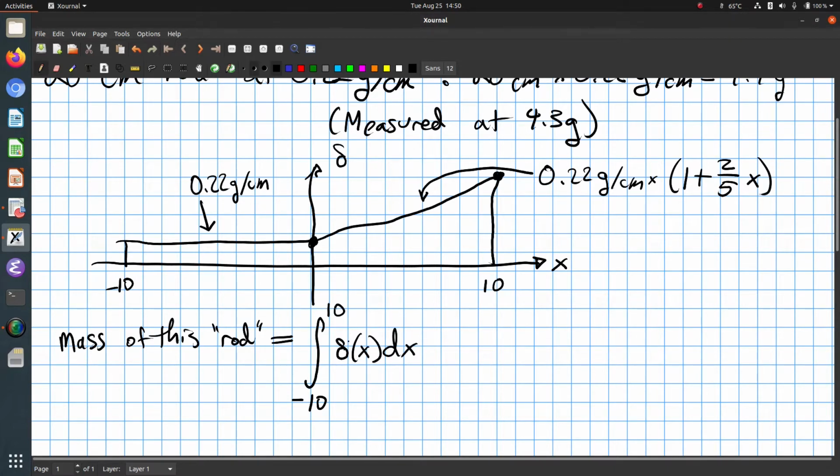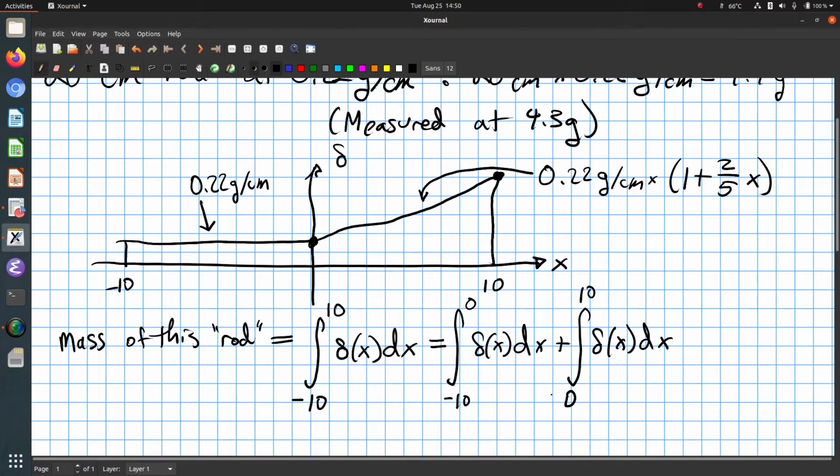And this is still the Greek letter delta. Looks a little bit like an H or maybe an S, but it's a little delta, lowercase delta. It's a piecewise continuous function, so let's split it up into two segments, to the left and to the right of the origin.